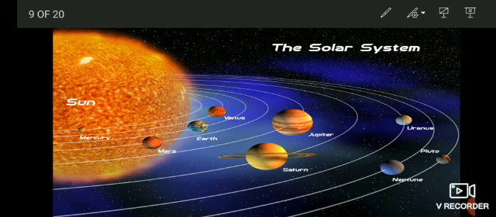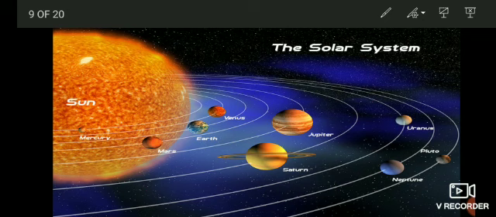The ultimate source of energy for life on the earth is our sun. It is very big, that is, the sun is so big that it can accommodate 13 lakh earths in it. So now we can understand the size of earth and the size of sun.